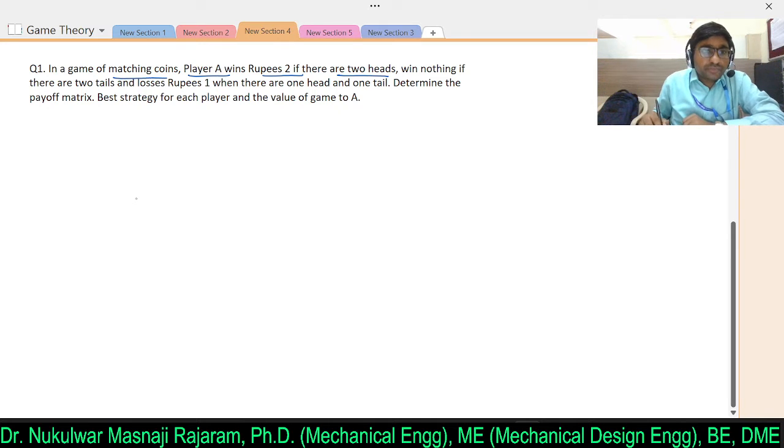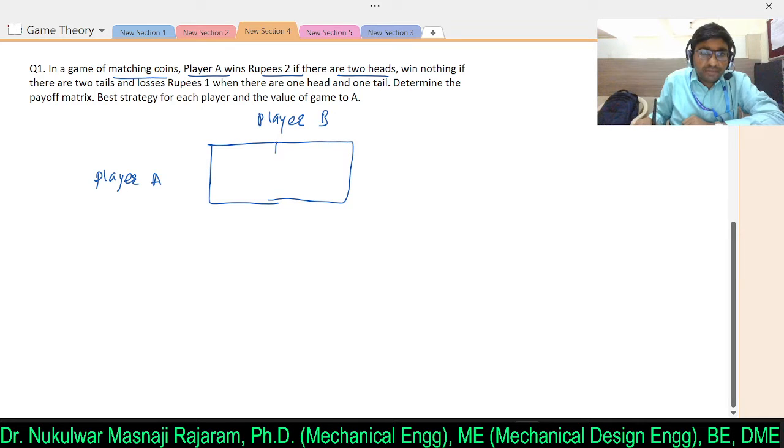Clear? So first we need to draw a matrix. I will mention here player A, I will consider him the winner. Now there is another player, player B. So there will be two possibilities. If you consider the coin, then definitely there will be two possibilities, that is head or tail.